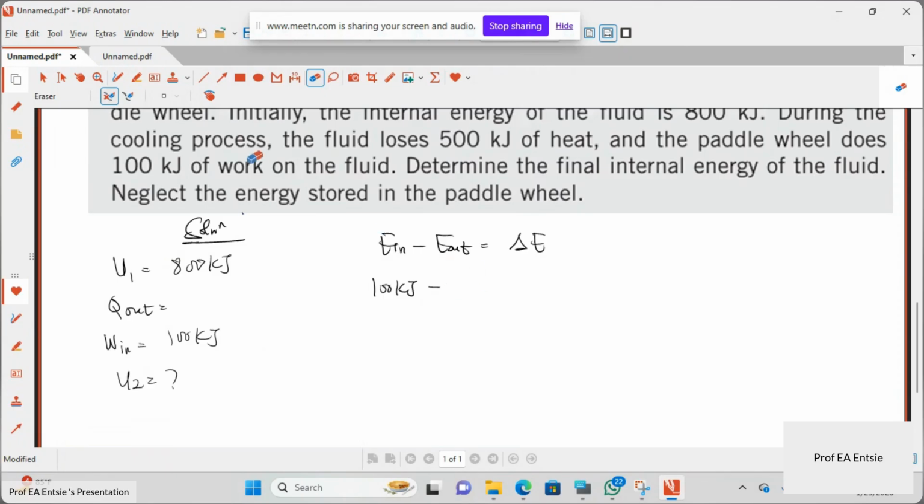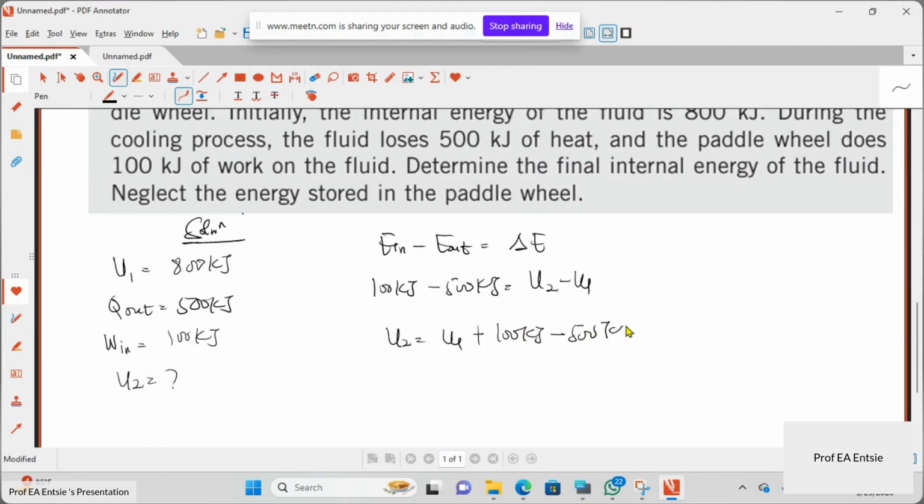Sometimes you are tired, right? It's part of the work. So you just have to pay attention, then follow me. So 100 minus 500 is equal to change in E, which is final minus initial. I told you that up there. If I should find U2, it will be U1 plus 100 kilojoules minus 500 kilojoules.